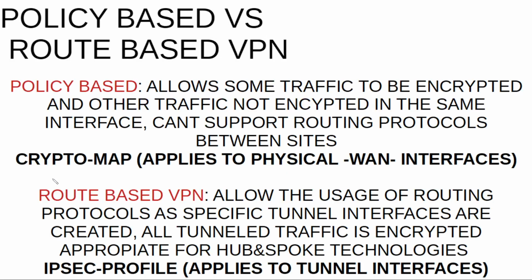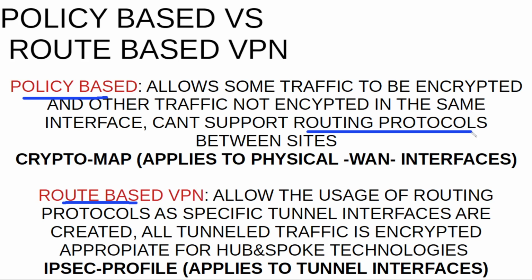So let's go now for the VPNs. This is an important topic: policy-based VPNs and route-based VPNs. As time went by, we have evolved the way that we create VPNs. Originally, we had policy-based VPNs. These really don't get along with routing protocols because policy-based VPNs don't really establish IPsec conversations that are attached to different interfaces.